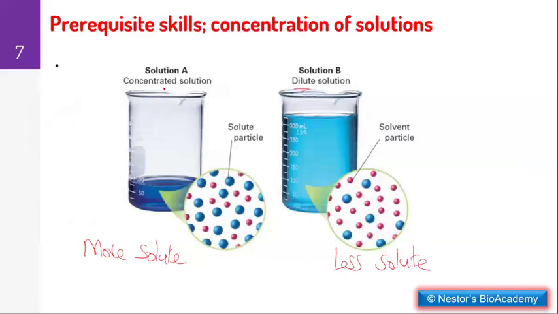These terms, concentrated and dilute, we are going to use largely in this session, and we are going to use them comparatively. That is, this solution is concentrated, yes, but concentrated compared to which other solution, or this solution is dilute compared to which other solution.